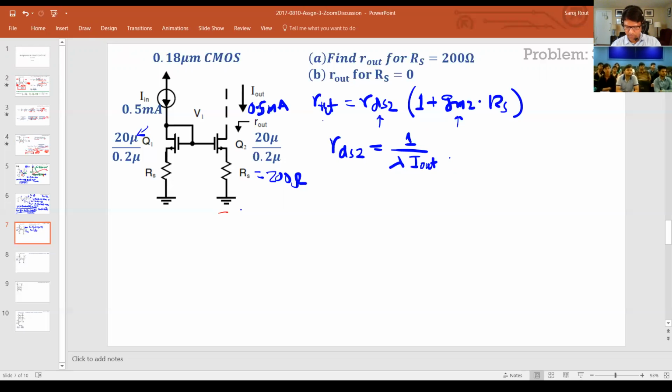So if you substitute all that, I'm just going to write the final value. I think I've calculated this to be 5 kilo ohms.